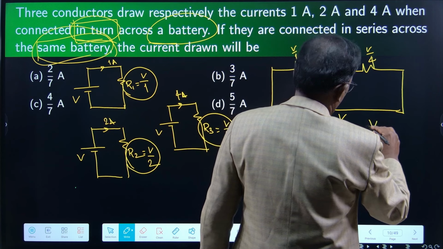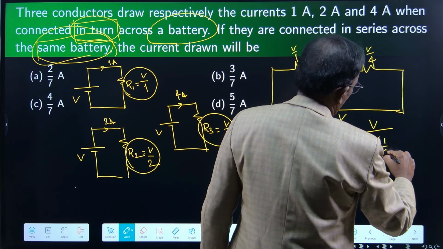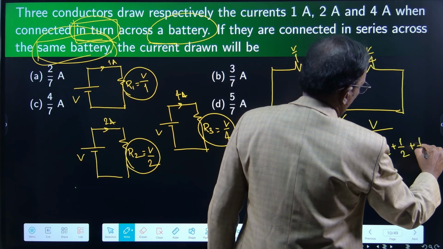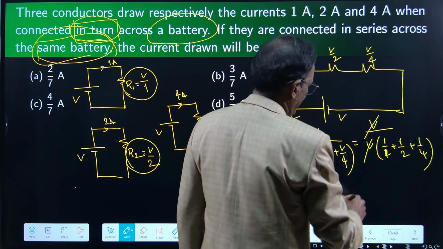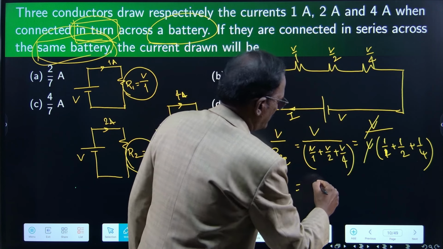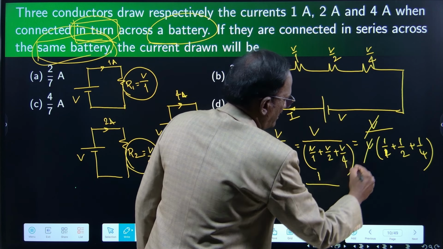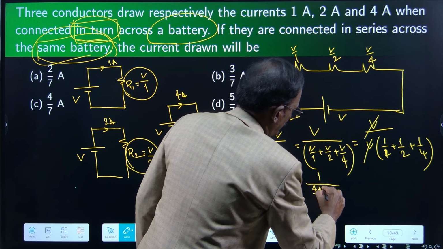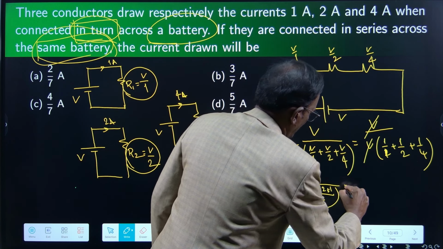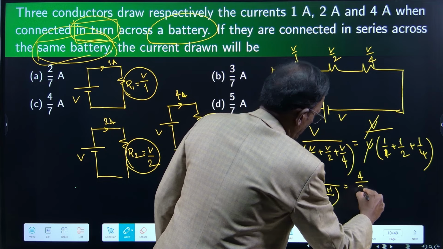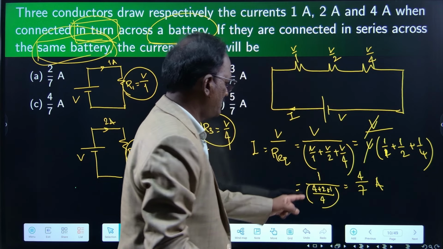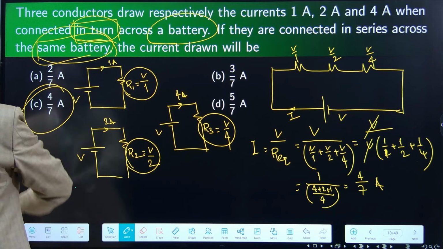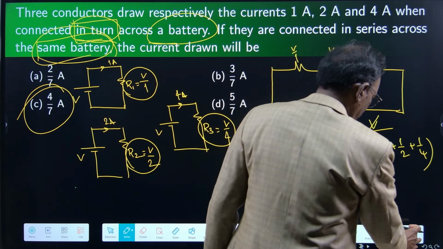This is V divided by V times (1 plus 1 by 2 plus 1 by 4). V cancels out. This is 1 divided by, taking LCM as 4, (4 plus 2 plus 1) by 4. So this is 4 divided by 7. The current is 4 by 7 amperes. Option C is the answer.